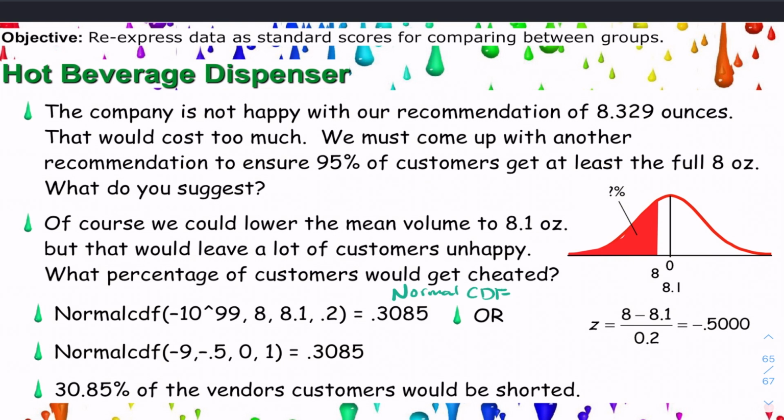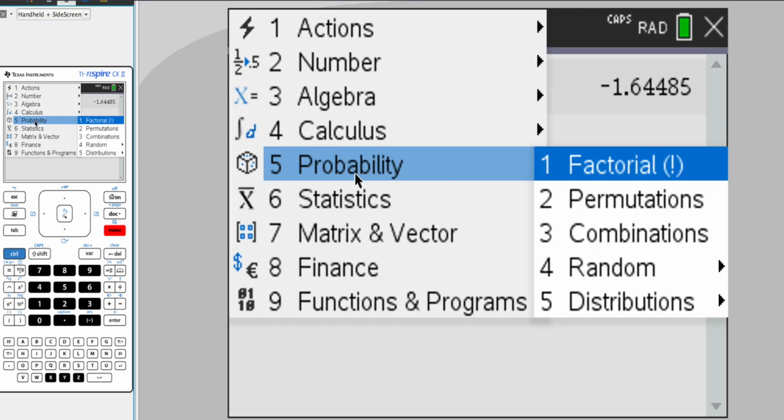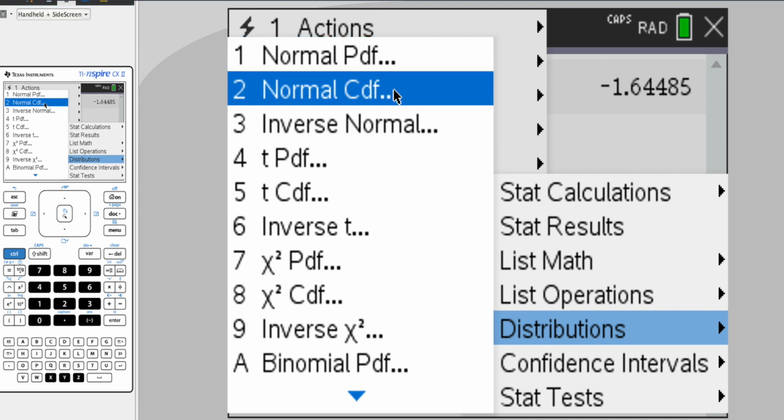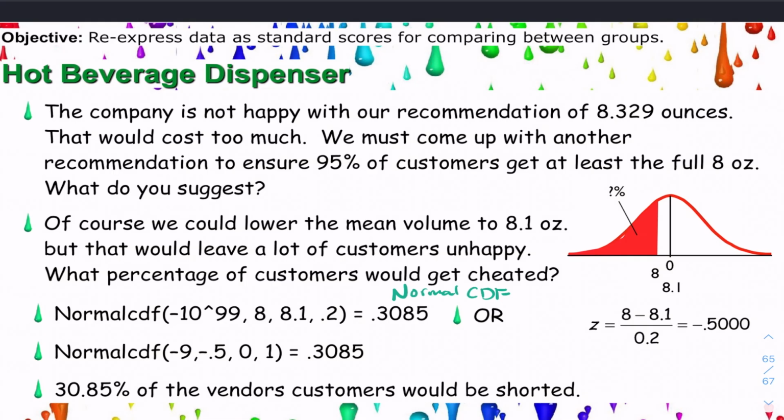So on our calculator, if our mean was 8.1, we're going to hit Menu, Statistics, Distributions, Normal CDF.